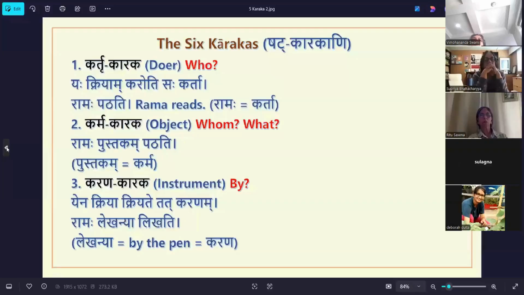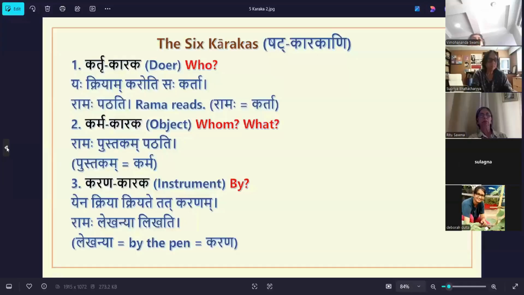Here, who, but if there is a who, there is also a whom. If we give something, if we harm somebody, so whom is there? So for knowing which word will take the second vibhakti, we ask the question, whom or what?